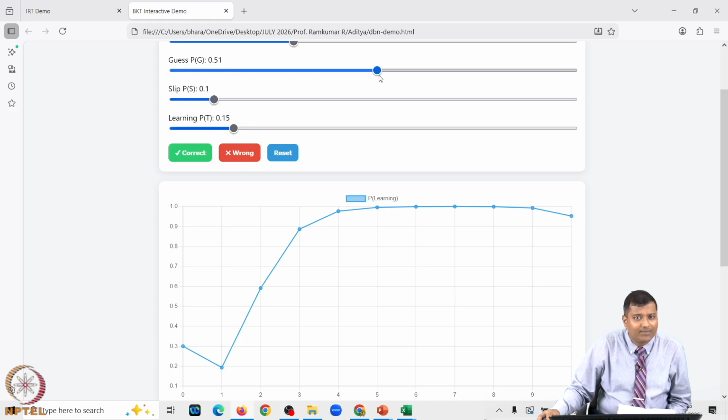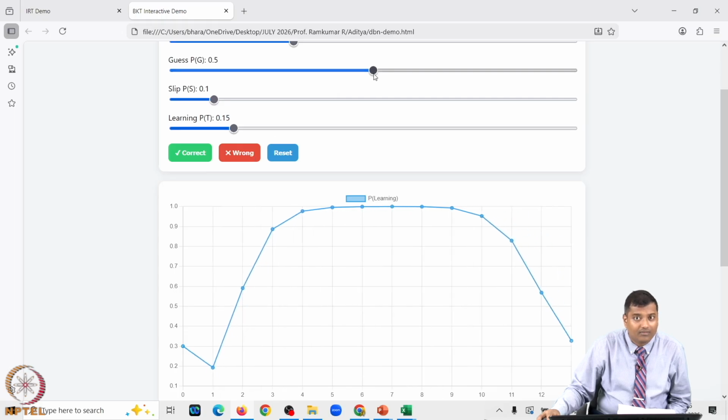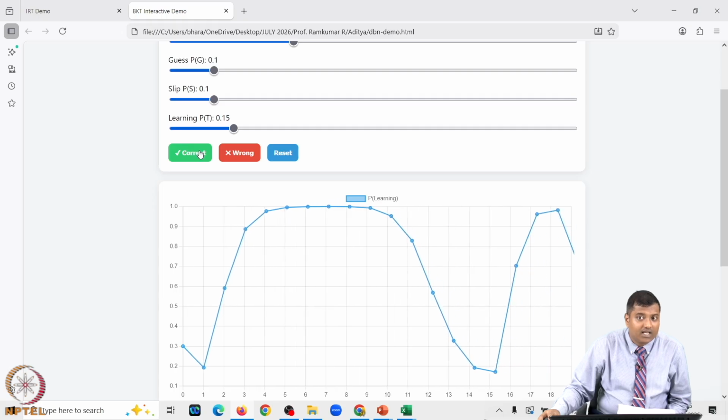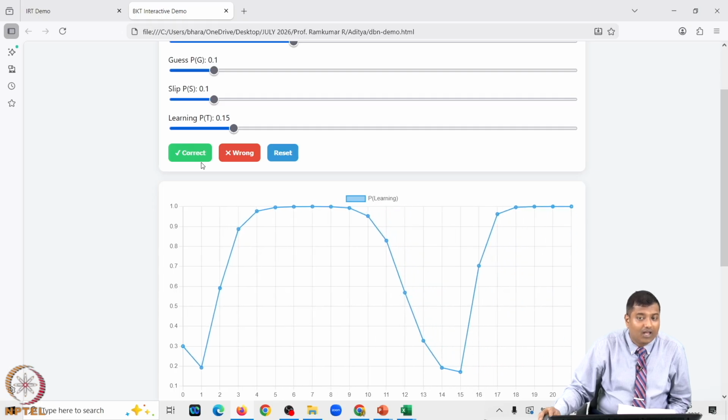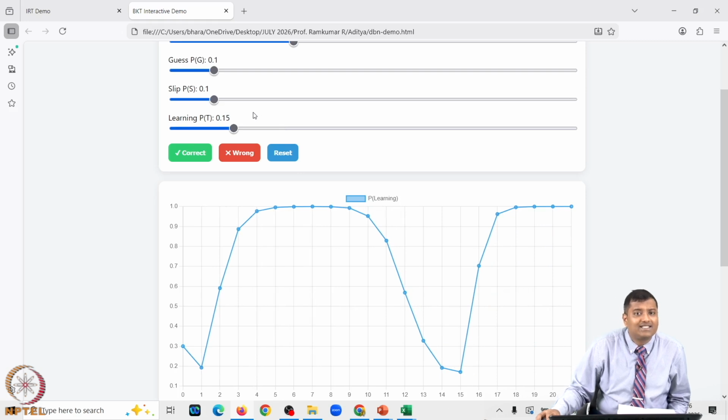If I increase my guess probability and mark it wrong, see how fast it goes down. If I reduce it, see how slowly it goes down. This is really important for you to understand how your learner works and what guess probability and slip probability are. Now I'm answering things correctly. See how fast it goes up, because I'm saying the probability of a person slipping is just 0.1.